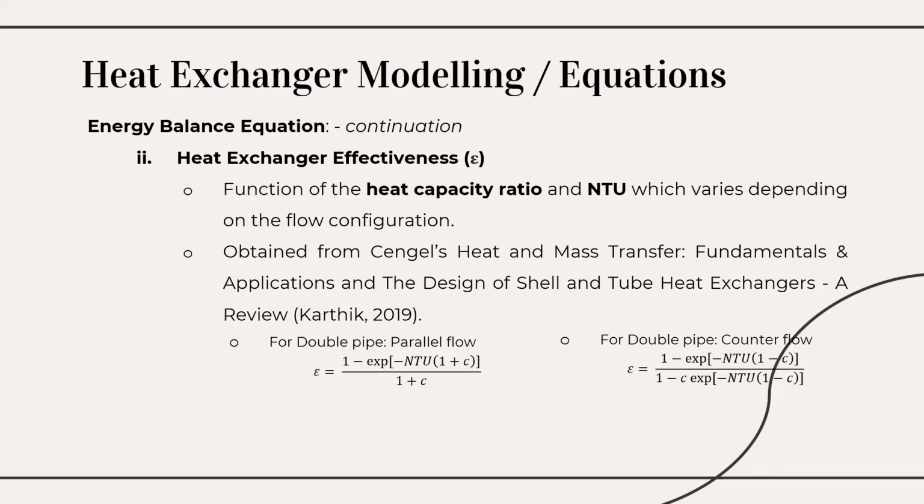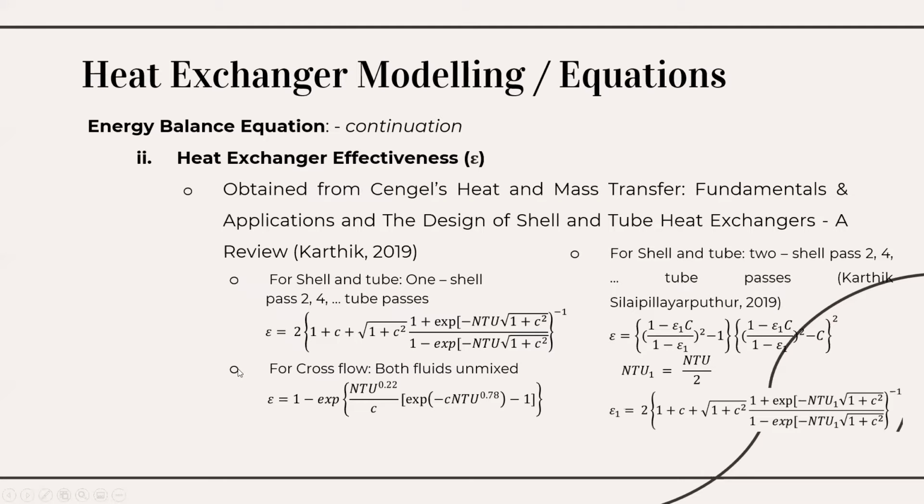Formulas are obtained from Cengel's Heat and Mass Transfer: Fundamentals and Applications, and a paper titled The Design of Shell and Tube Heat Exchanger: A Review by Karthik in 2019, namely for double pipe parallel flow, counterflow, shell and tube 1 shell pass, 2 to 4 tube passes, shell and tube 2 shell pass, 2 to 4 tube passes, and cross flow wherein both fluids are unmixed.